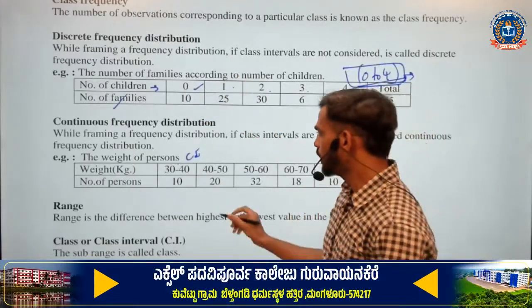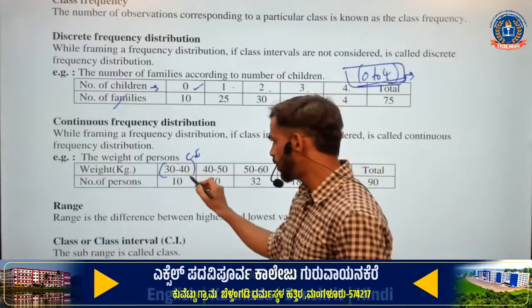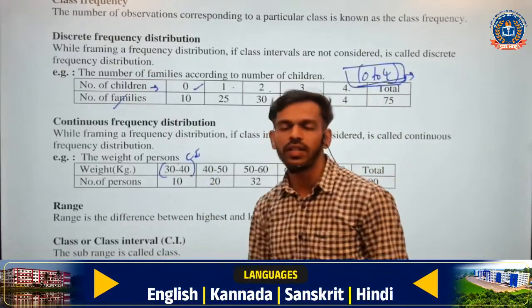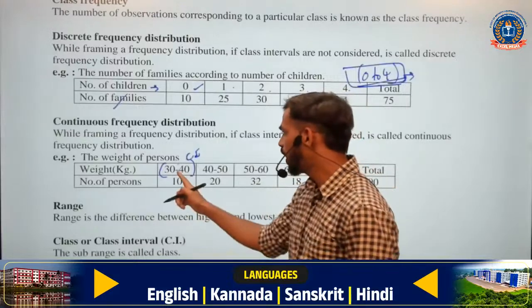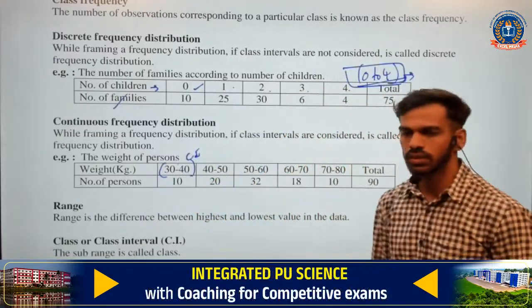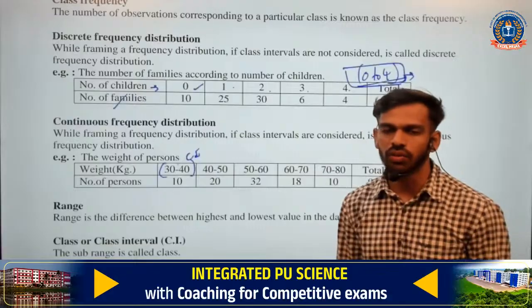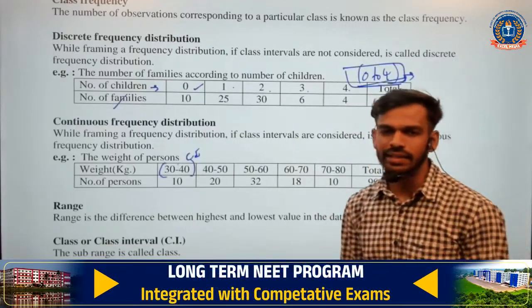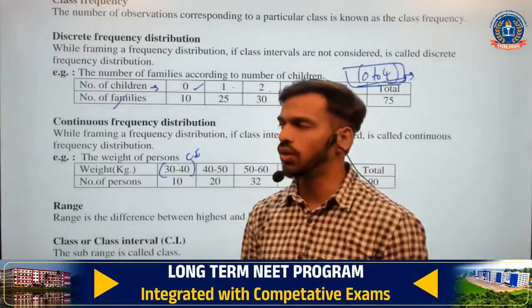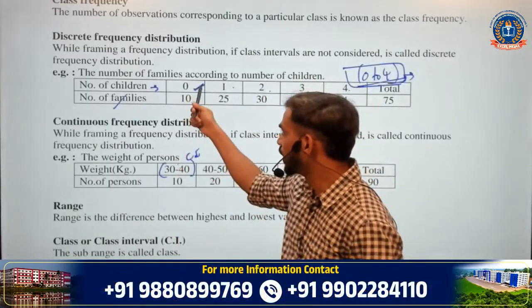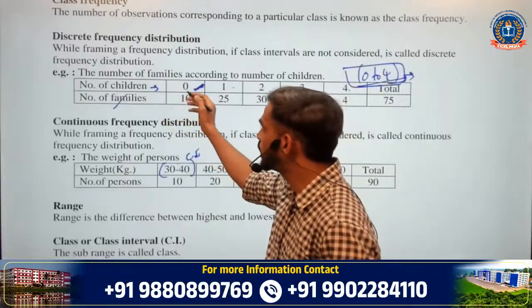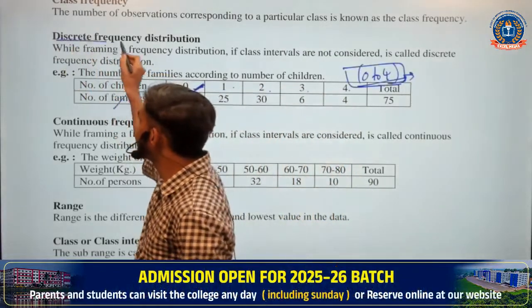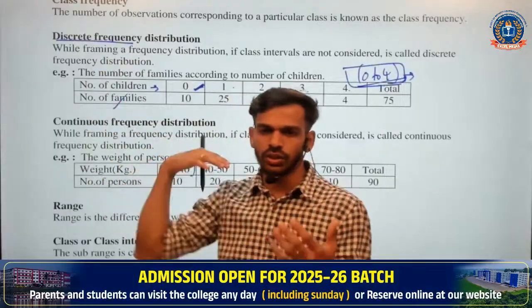We construct class intervals when the range is large. The earlier way is actually called discrete frequency distribution.